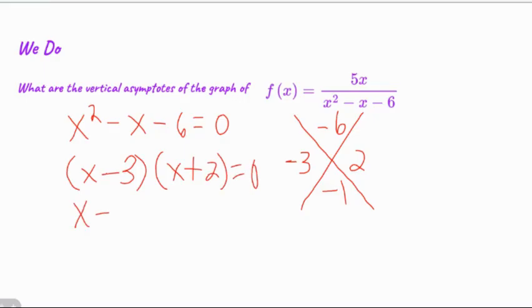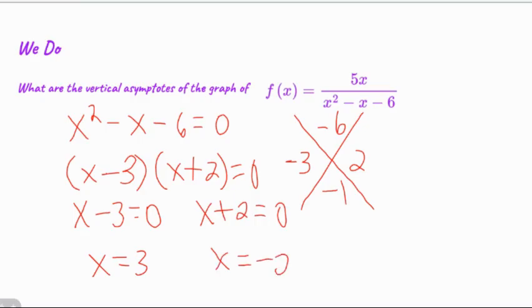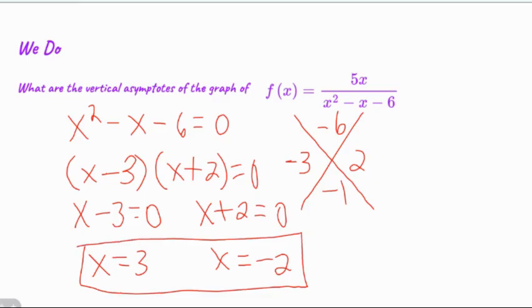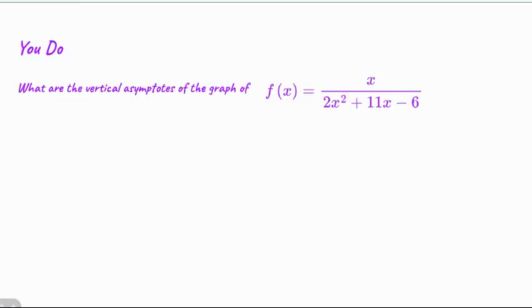And so x minus 3 equals 0. That would give me a vertical asymptote at x equals 3. And x plus 2 equals 0. That would give me a vertical asymptote at x equals negative 2. So go ahead and pause the video really quickly and give this one a shot, and then we'll go over it together.